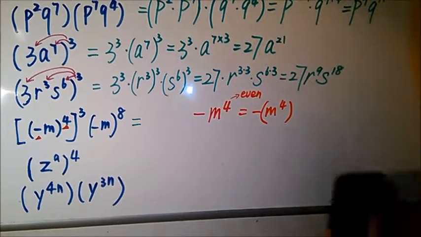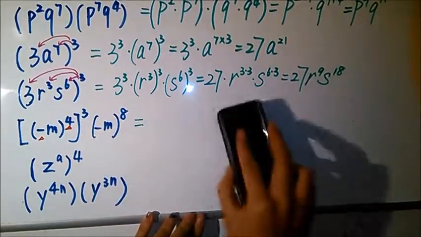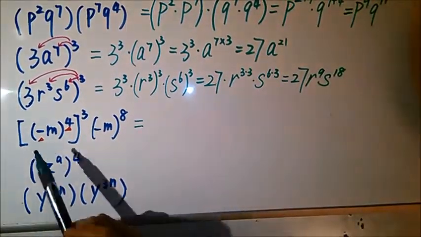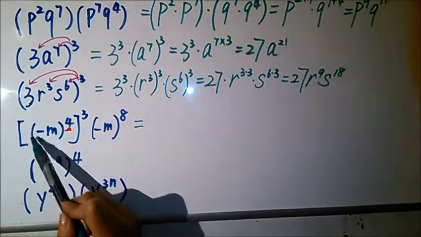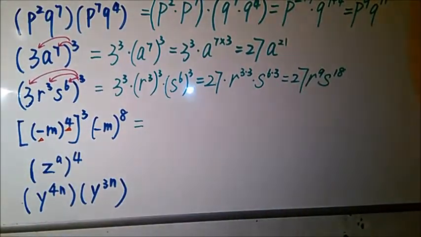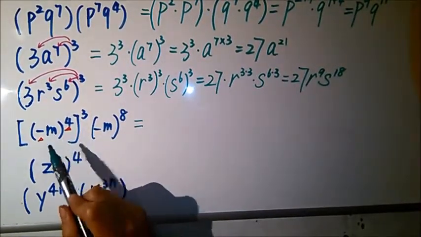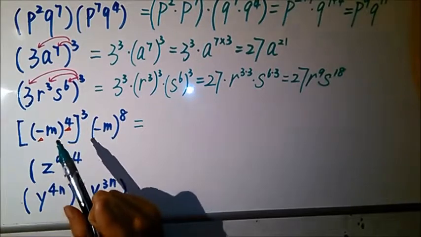Okay, now the difference between this and the other one is that this time the negative is inside the parentheses, and if it's inside the parentheses, it's going to come out positive if the power is even. In this case, the power is even. If it's odd, it will be negative. If it's even, it's going to be positive.